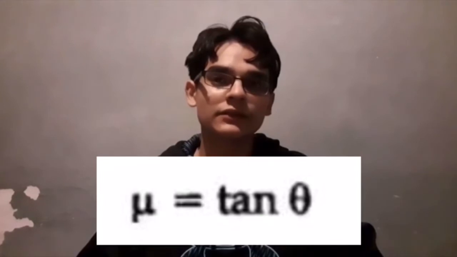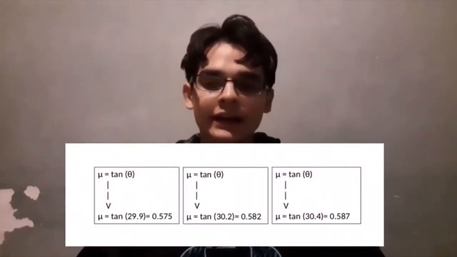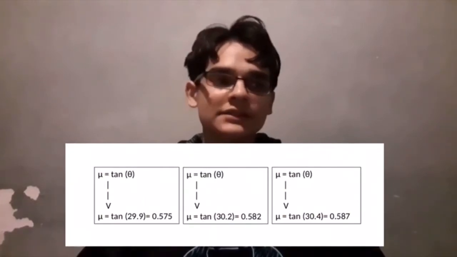With this we get the mu of each one of the masses, with the formula mu is equal to tangent of the critical angle, and with that we compare them and we see that they are almost the same, with a difference only in decimals. And with this we can confirm the idea that mu is independent of the masses compared, and it totally depends on the material of the surfaces that are compared.